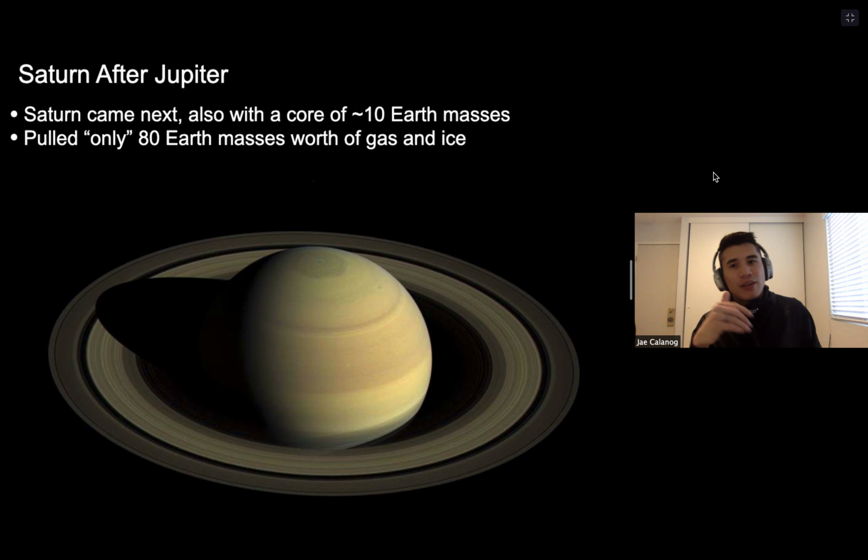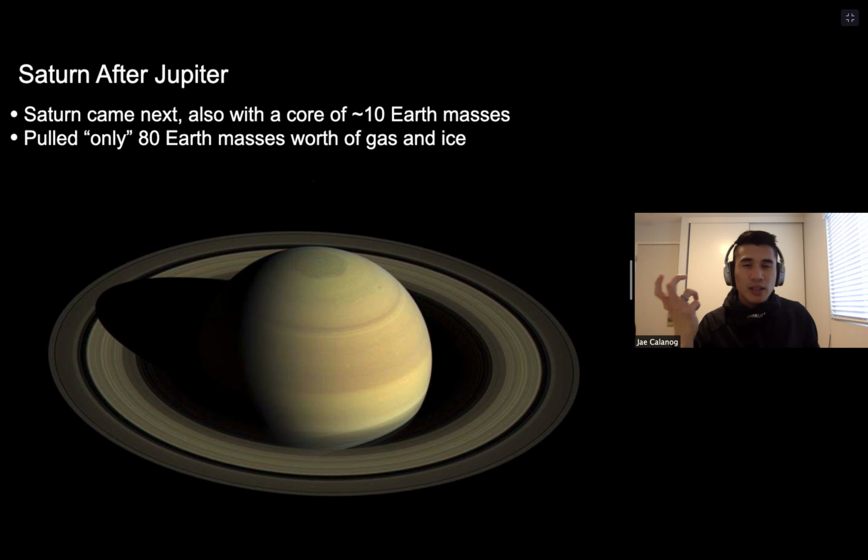So after Jupiter, Saturn came next, and you guys know Saturn. It's very distinct because of its rings. And so Saturn, about 9 AU away from the sun, was also able to form a core that is about 10 times the mass of the Earth itself. However, because it's further away from the sun, there wasn't as much gas available in that region of the disk.